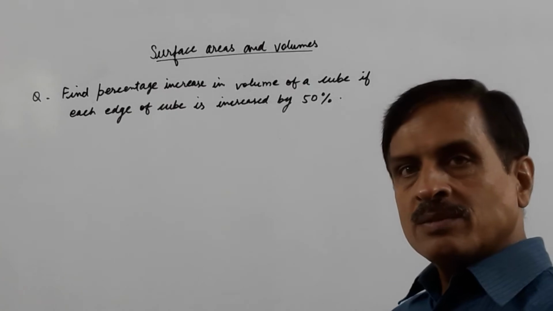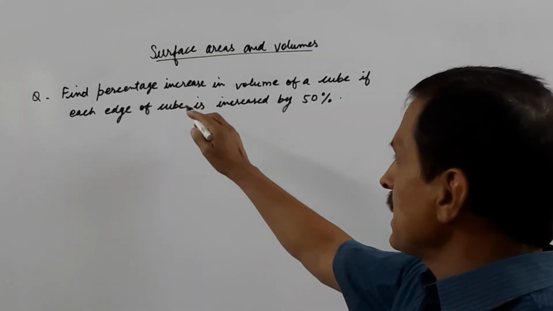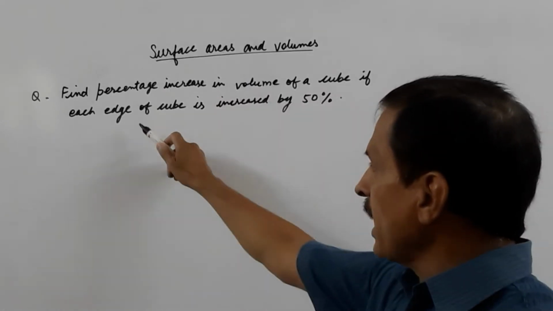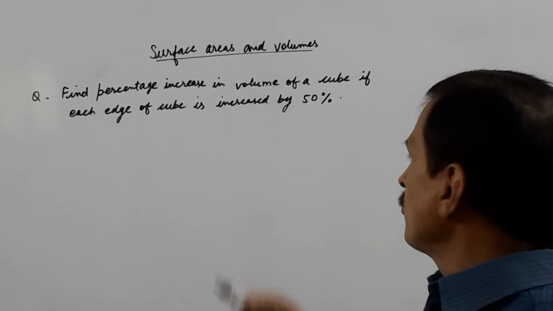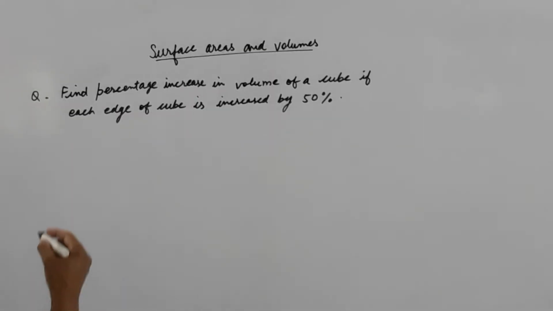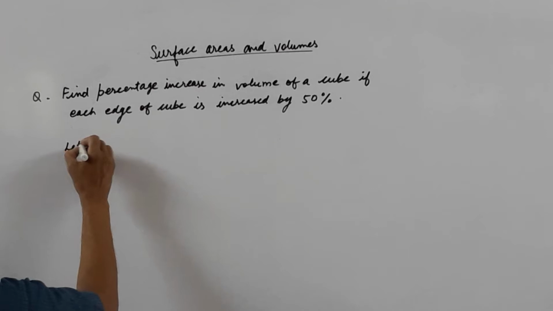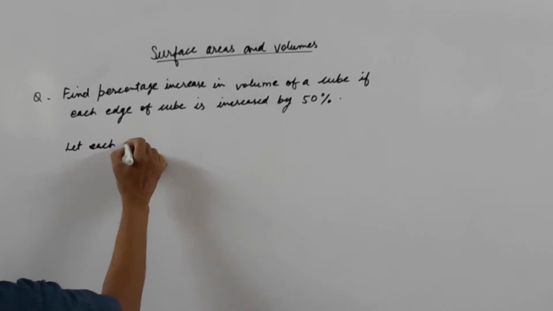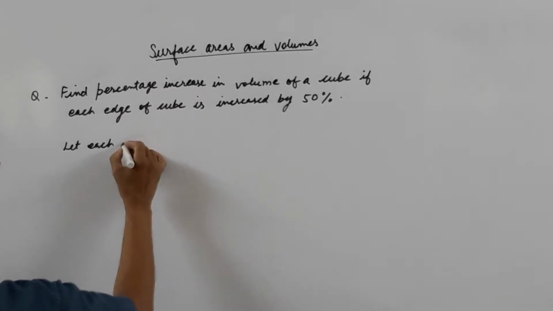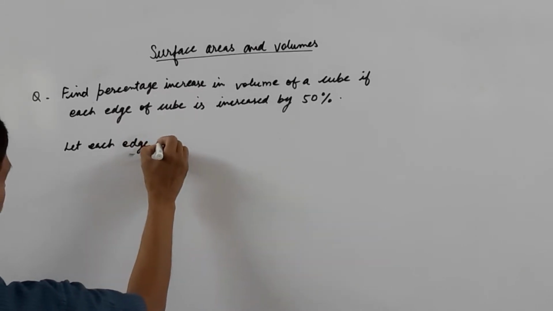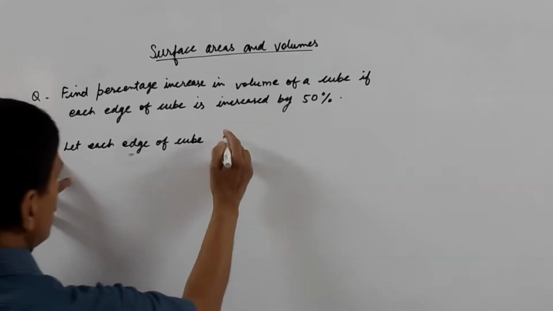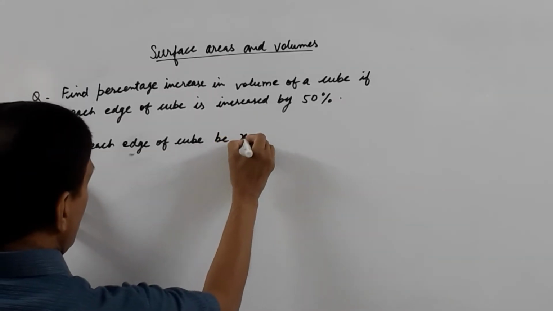In the next question, find percentage increase in volume of a cube if each edge of cube is increased by 50%. Let each edge of cube be x.